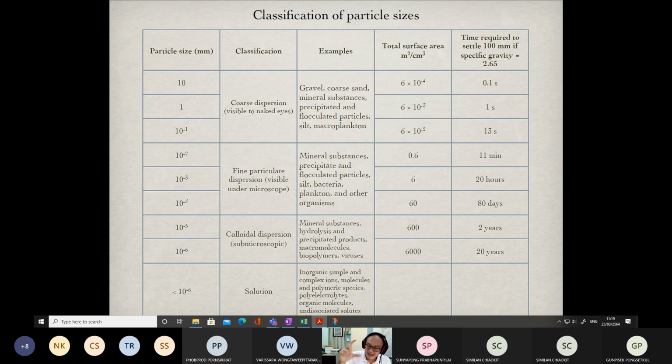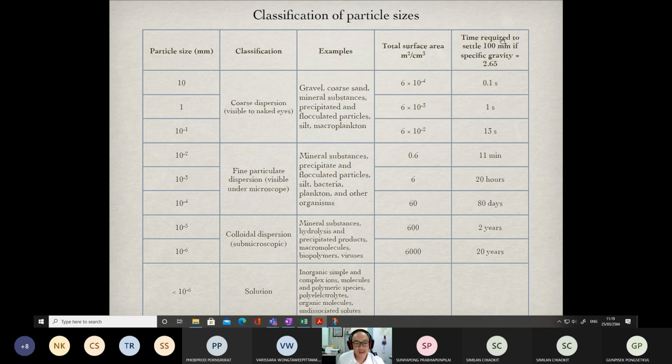So for 10 centimeters, if the particle size is 10 millimeters, it will take 0.1 second to reach 10 centimeters in the vertical direction. But if our particle is as small as 0.1 millimeters, in that case, it may take about 13 seconds to reach the 10 centimeter marker point.